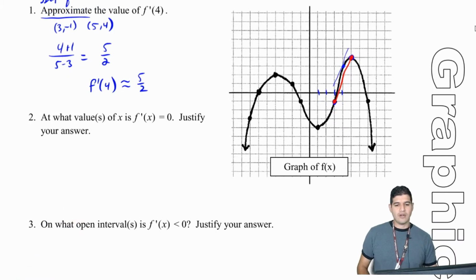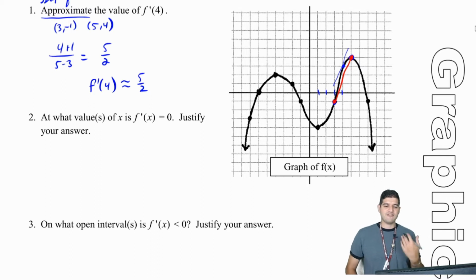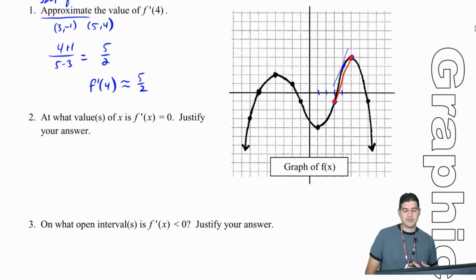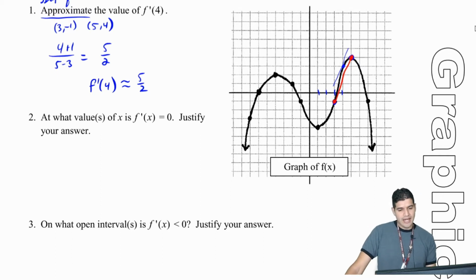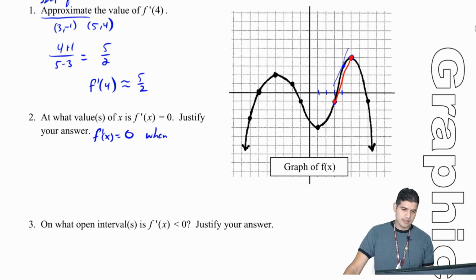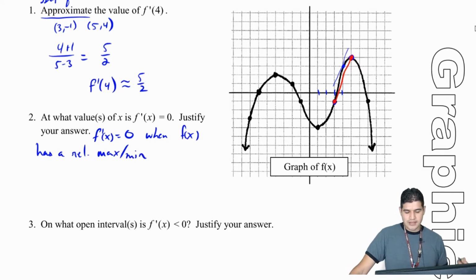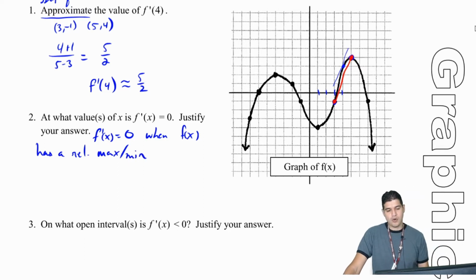Now from my graph, I want to see at what values of x f prime of x is equal to 0, and we want to justify our answers. Well, f prime of x equals 0 when f of x has a relative max or min. So what points do I have a relative maximum or minimum?